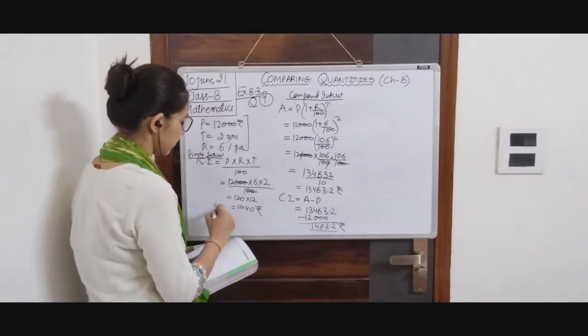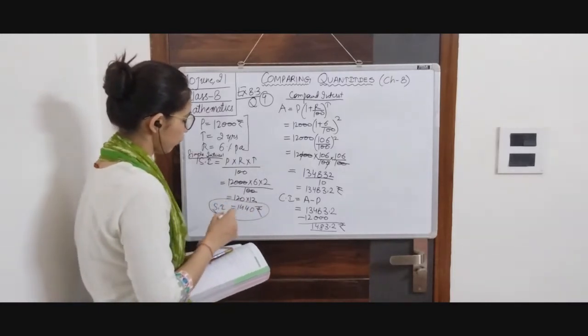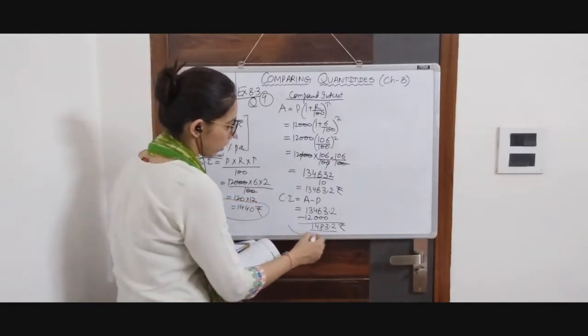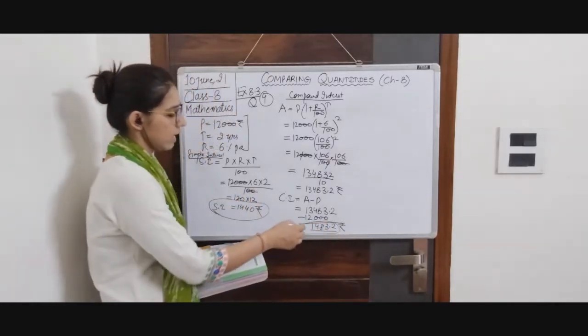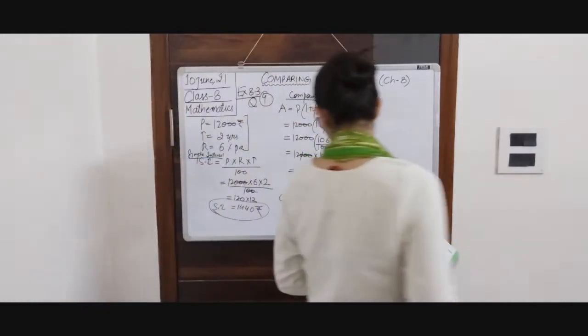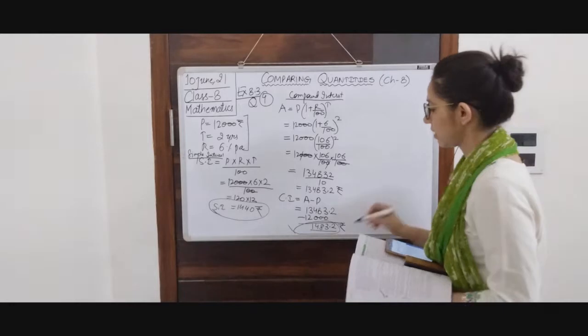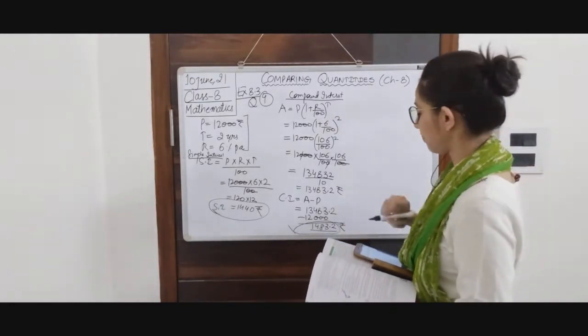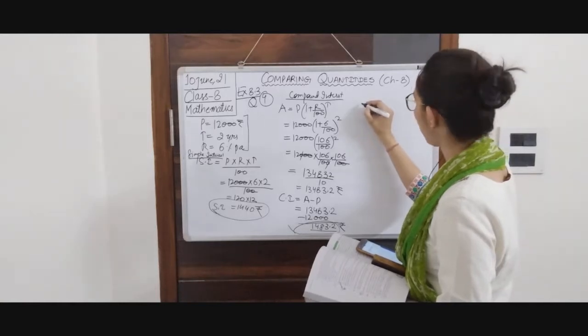If he borrowed at simple interest, he has to pay this much money as interest, and if he borrowed at compound interest, he has to pay this much money as interest. It means he is paying more when it is compounded. And how much more is he paying?